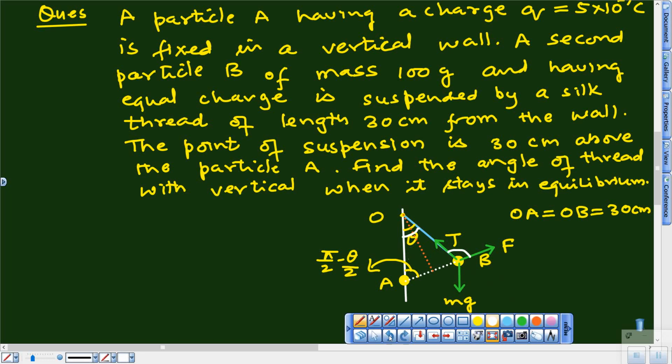So if this angle is alpha for the time being, alpha is going to be equal to the external angle, that is theta plus π/2 minus θ/2, which is going to be π/2 plus θ/2.